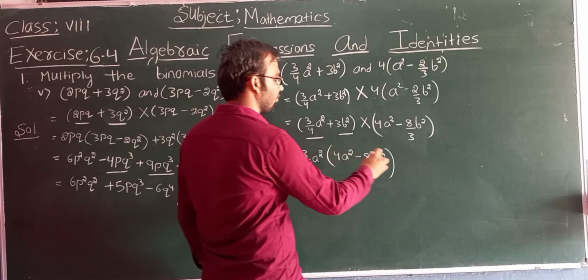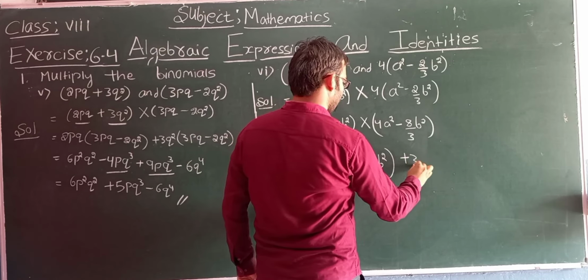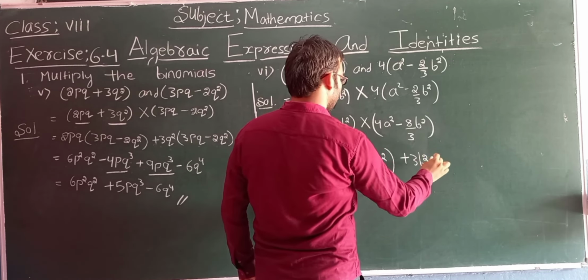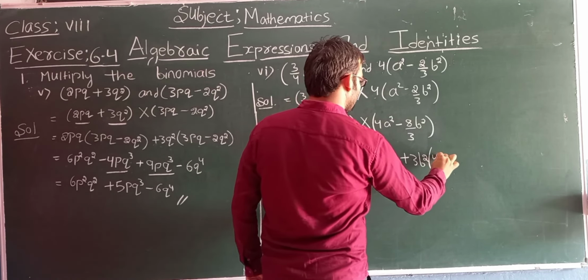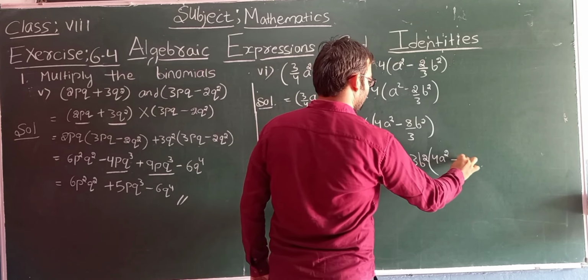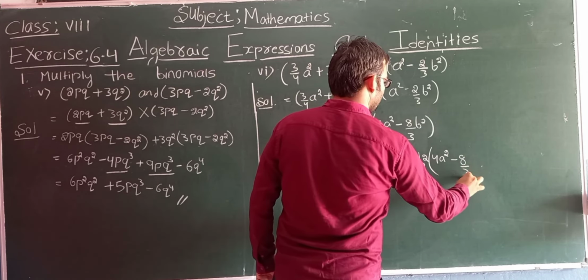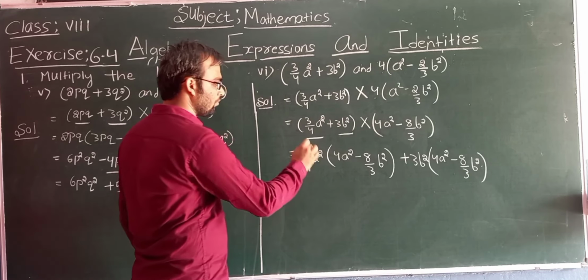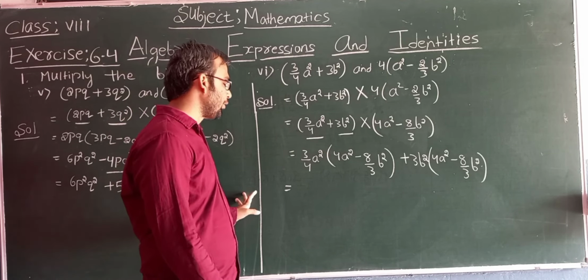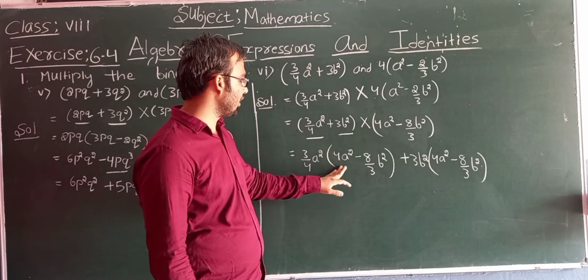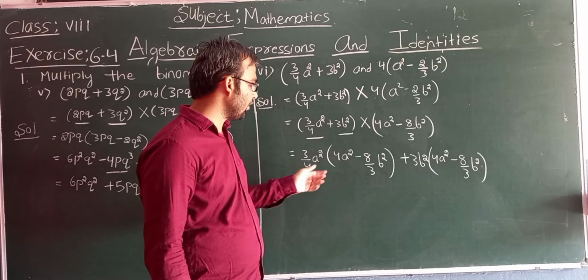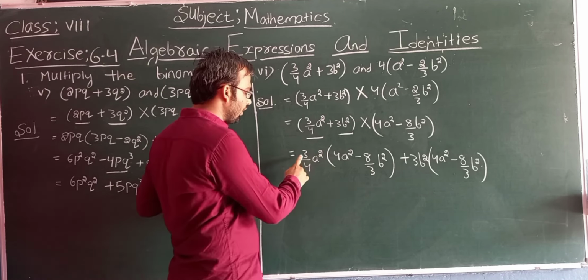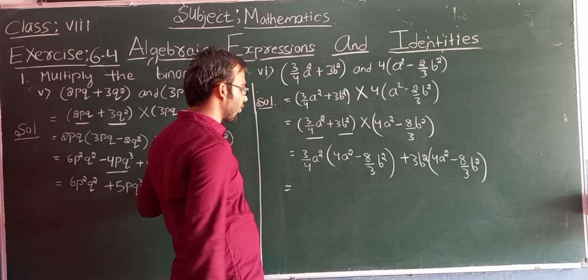Next this one, write this one as it is. Students, so now we need to first multiply this one with this. Next, we need to multiply this term with this one. So here 3/4 a square into 4a square.